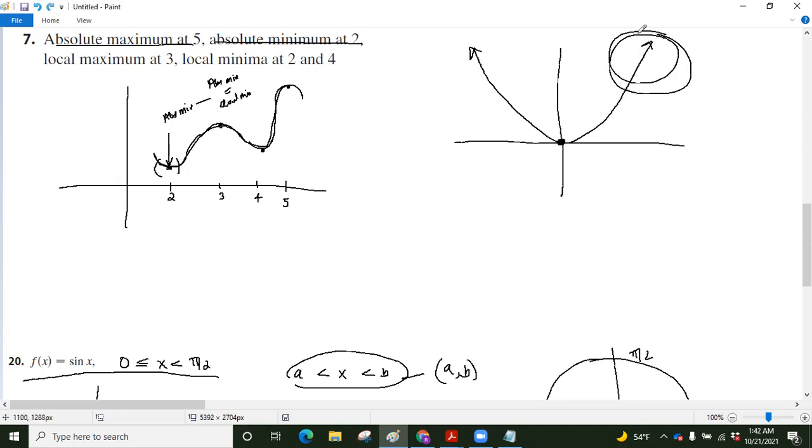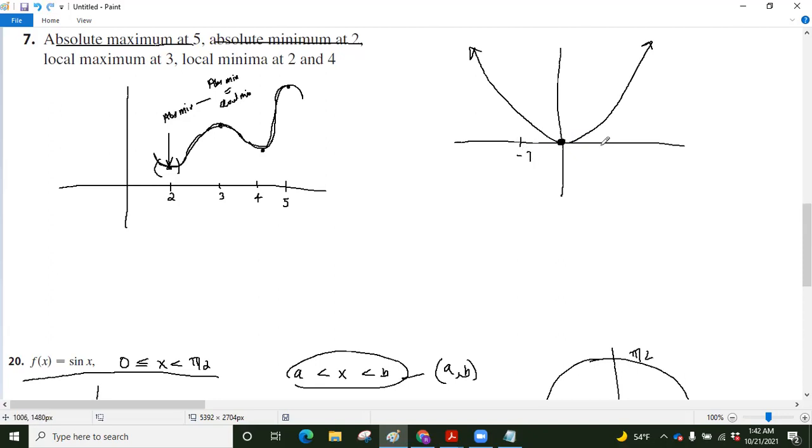So that means there can not be an absolute maximum, because these points just keep going up and up towards infinity. Also at the same time, there can't be a local maximum, right? Because if I look in this neighborhood, there are points that are greater than it, and there are points that are less than it. So it's not a local min or a local max. So on this graph at least, the only thing is an absolute minimum at 0, 0.